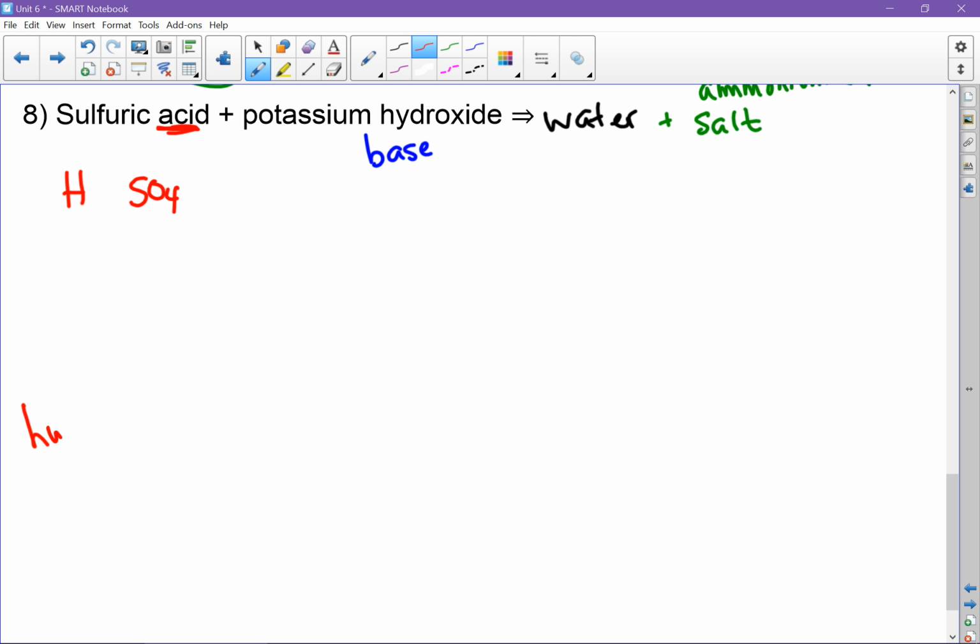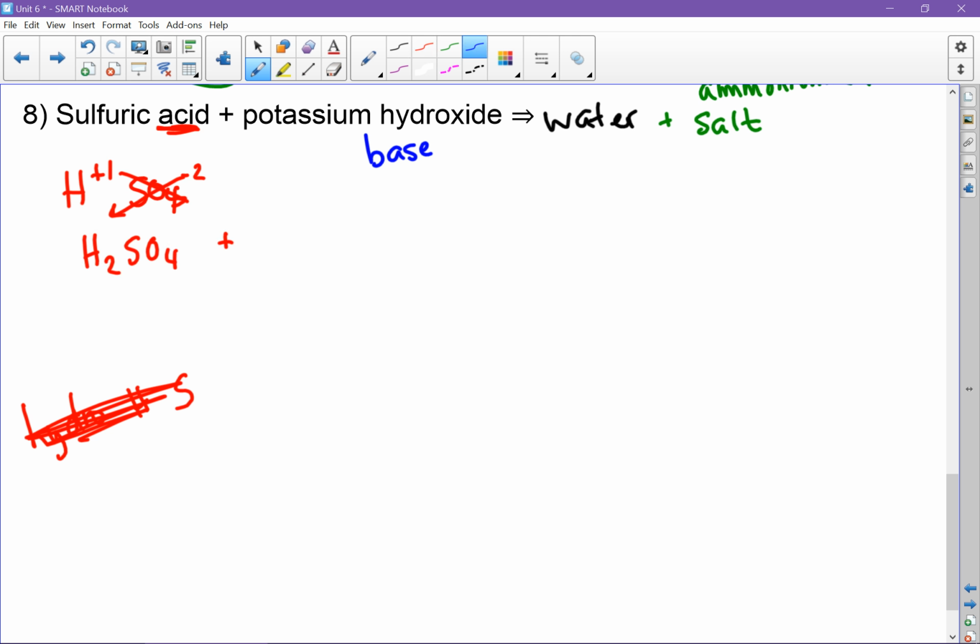If it said hydro in front, it would be hydrogen plus sulfur from the periodic table. That's not what we have, so we're going to ignore that. We need the charges for these to crisscross. This is a +1, this is a -2. Crisscross applesauce. The formula for this is H2SO4.